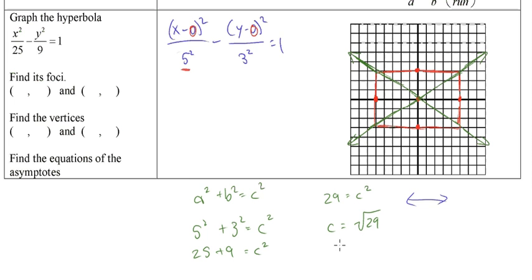So that's 34 equals c squared, and c equals the square root of 34. Sorry, not 29, 34. Whatever it is, it's more than 5 but less than 6. If this was the square root of 25, that would be exactly 5, but it's greater than that.